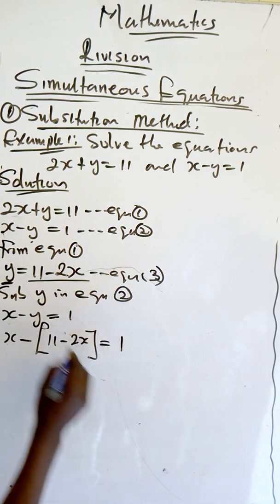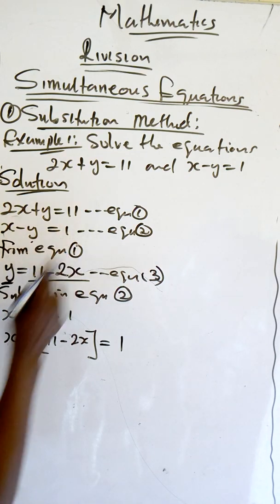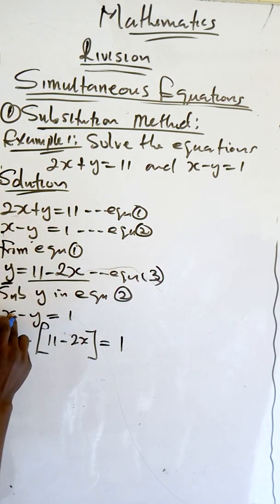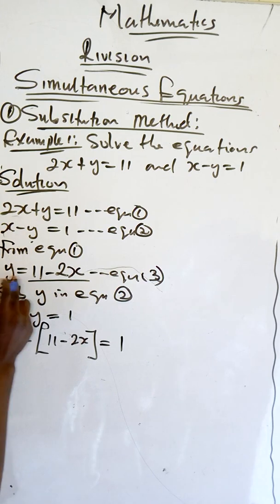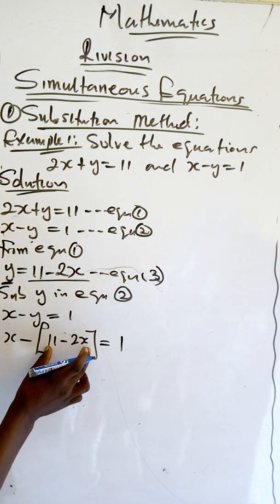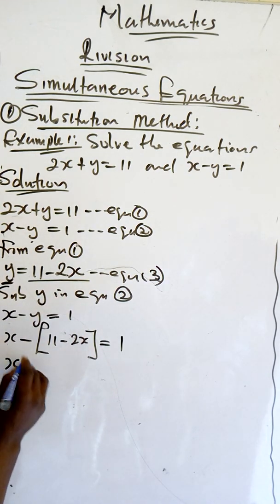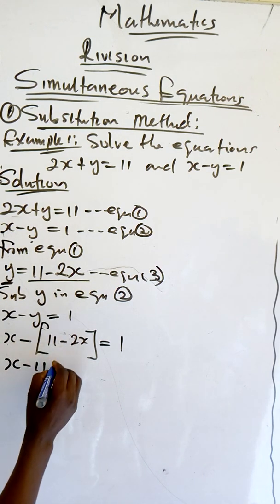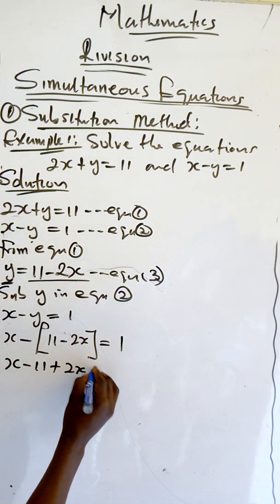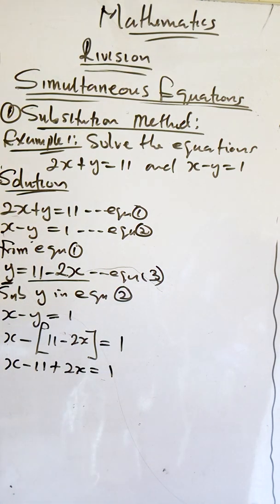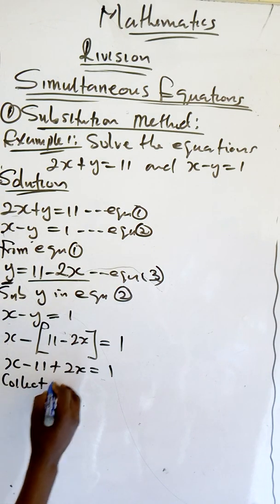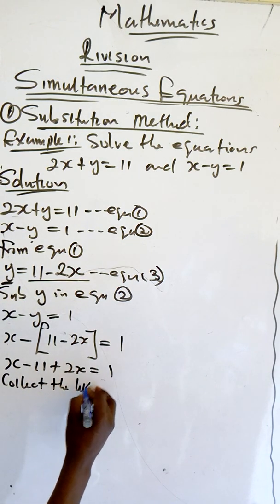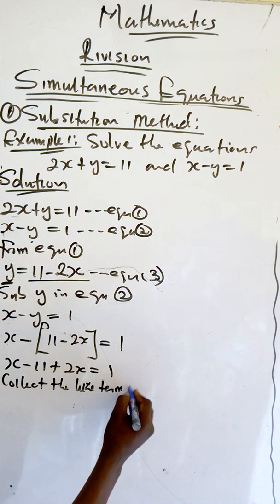X minus y equals 1. Our y here, we replace it with this, then we open a bracket. X minus 1 times 11 will give us minus 11. Minus times minus will give us plus 2x equals 1. So this is plus. We collect the like terms.